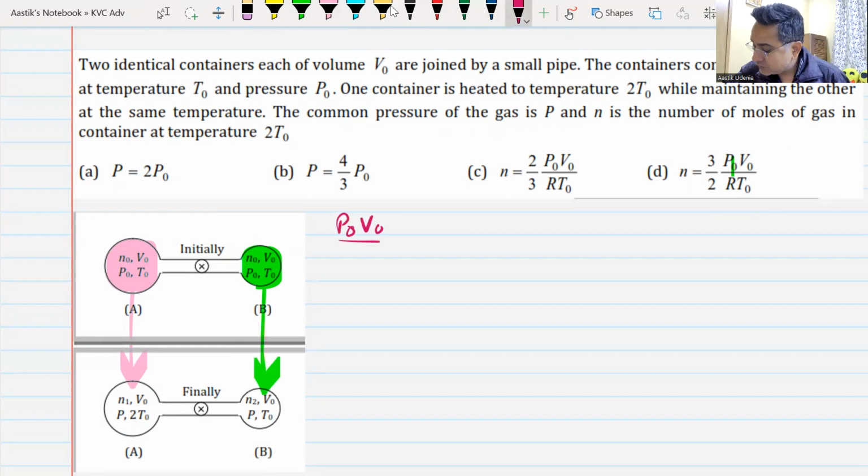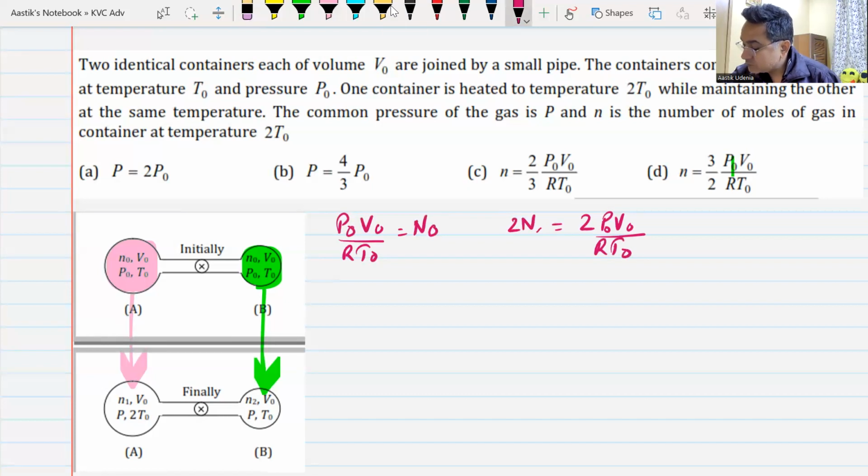P naught V naught by R T naught is equal to N naught. The total number of moles is 2 times N naught. Now the number of moles, let me write it as capital N. Here it is given as small n.